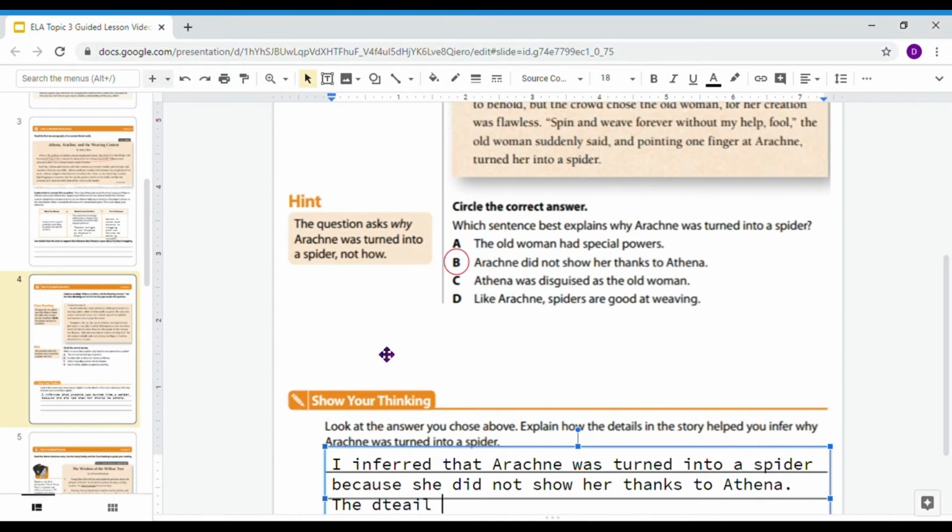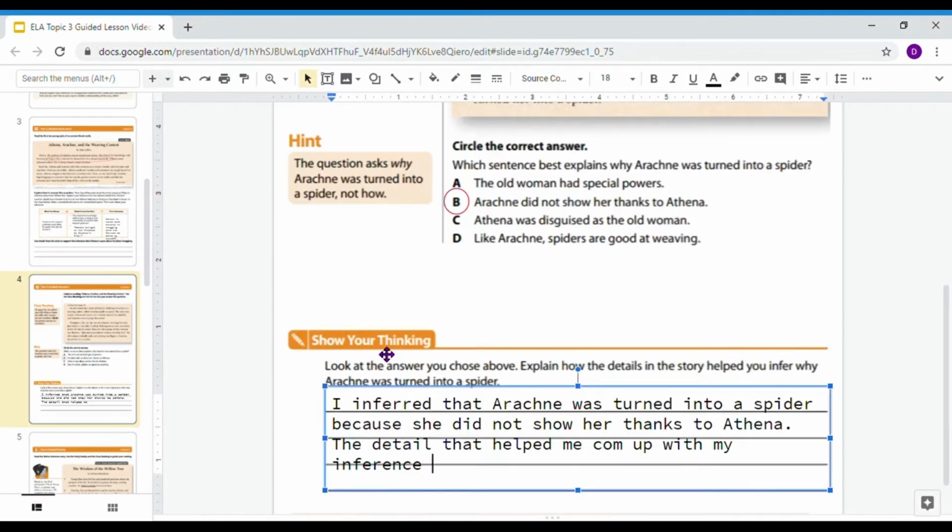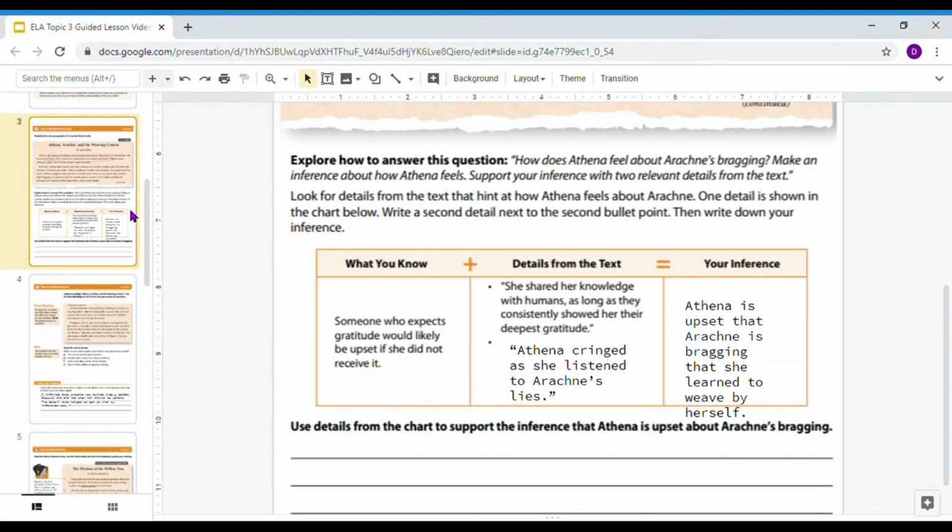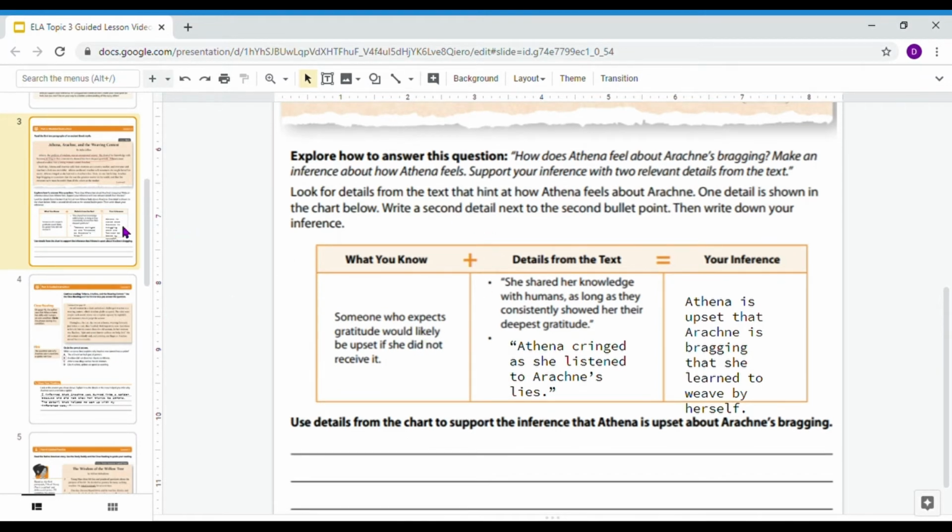The detail that helped me come up with my inference was, and I'm going to use a quote here, and I'm going to go back to what we circled on page number 43, I think.